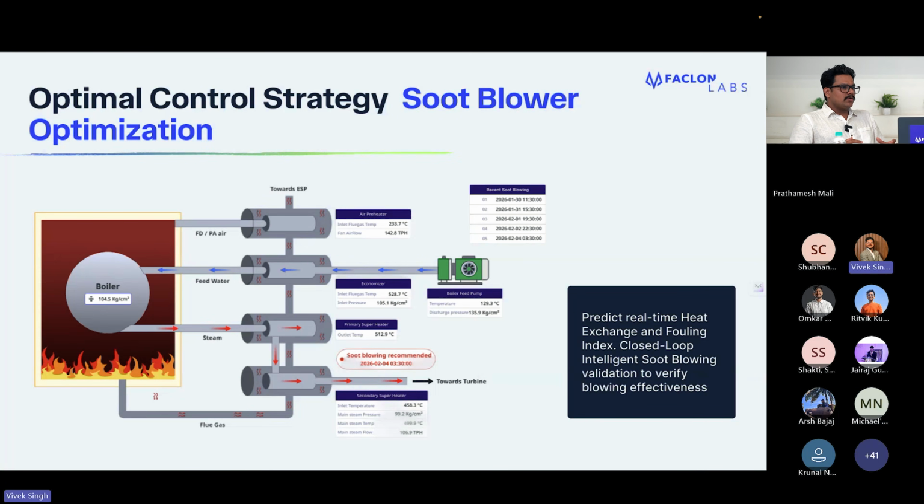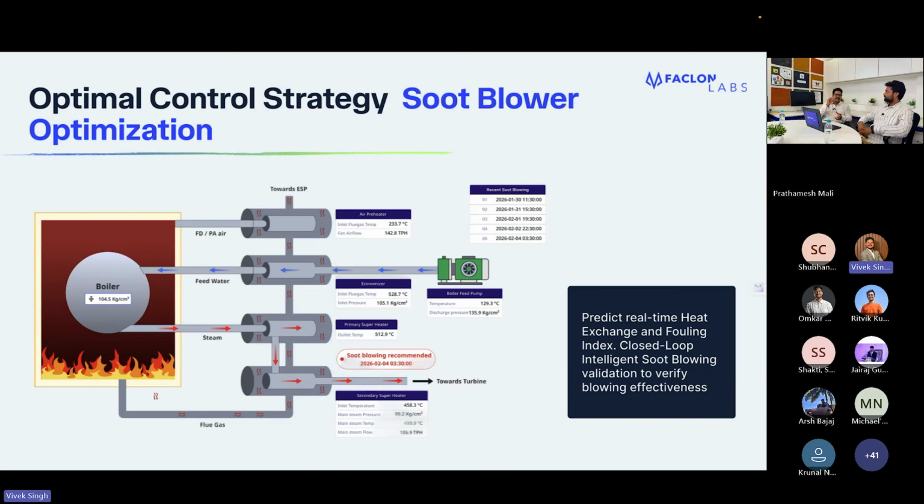Yes. So what we do is we have one model that predicts if there is fouling happening, if there is layer deposit happening inside the furnace, and it keeps on calculating this fouling index. Then we have an AI agent that first understands which section inside the boiler has a bad fouling index, and then automatically triggers which of these soot blowers we should trigger.